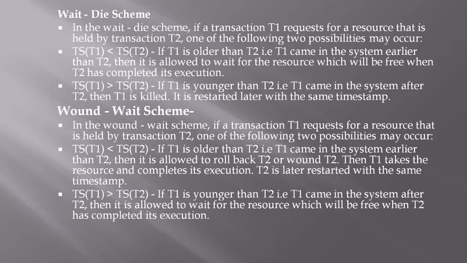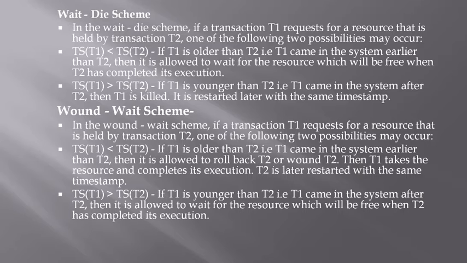You have to restart with the timestamp. Like that, I have to destroy T1 because it entered the system after T2. So if it is before, I put it into the wait condition. If it is after T2, I have to kill it. Okay, so this scheme is called the wait-die scheme.